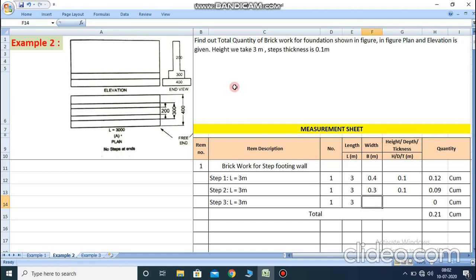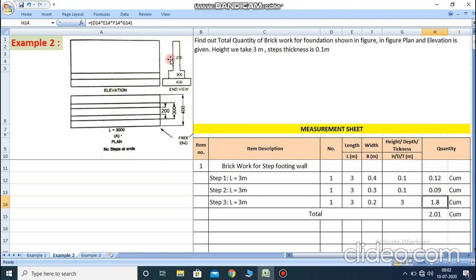Width we take 200 mm. See this point, 200 mm width means we take in meter 0.2 meter, and height we take 3 meter. So here the total quantity of the 3 steps is 0.12 cubic meter, step 2 is 0.09 cubic meter, and third step 1.8 cubic meter.